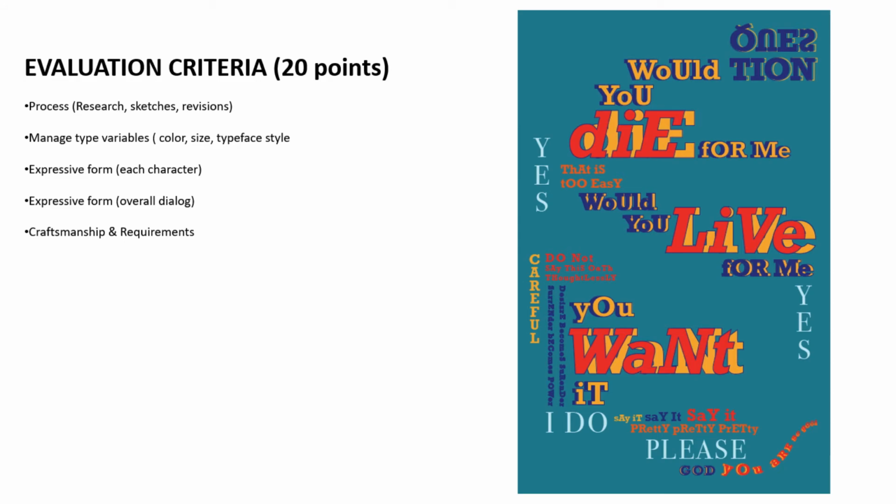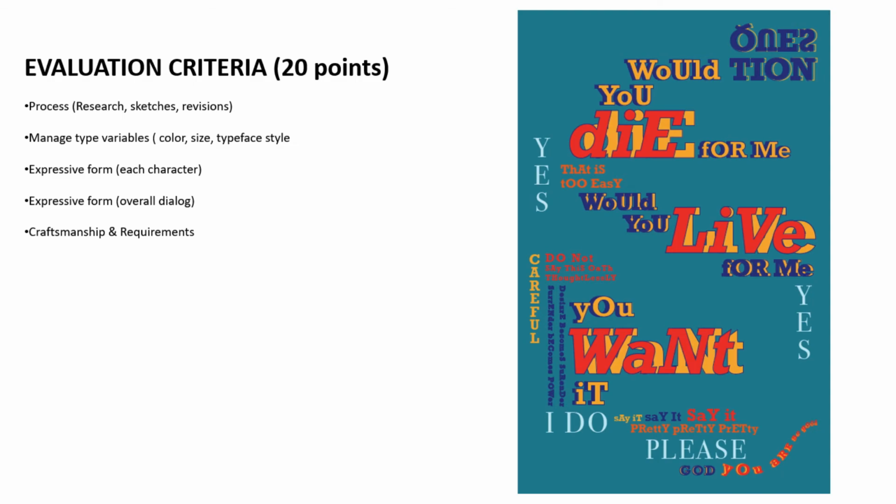And by having a requirement of 20 thumbnails, that's really going to push you and exercise your thought process. And then manage type variables. So I'm looking at the way you're working with color, size, typeface style, and this is how I grade this. I grade these through your process sheets.